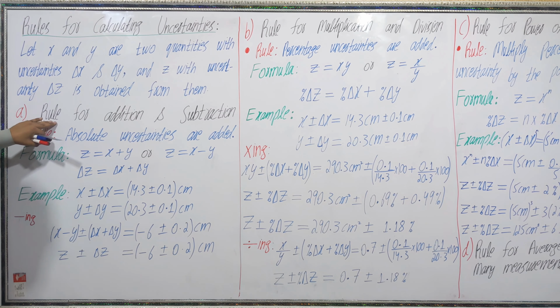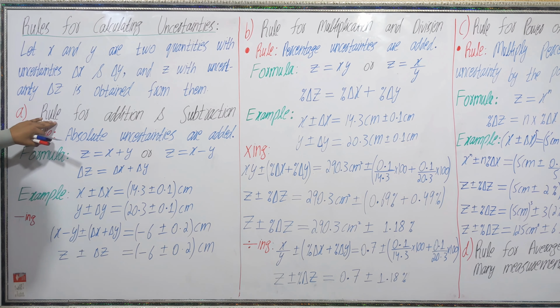Similarly, another length 20.3 is represented here. The value of y is 20.3 and the uncertainty del y is 0.1.